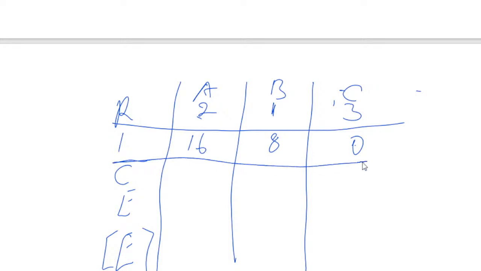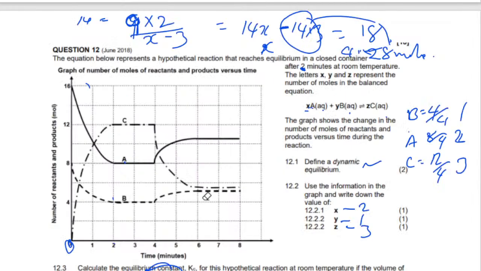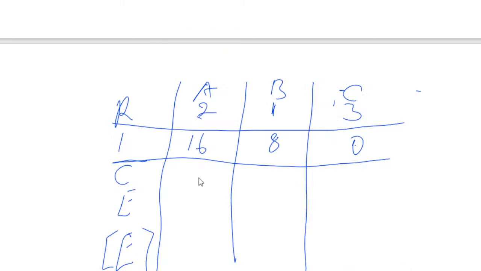Now, what is the balance? Go to the question. At equilibrium, A is 8, B is 4, and C is 12. You see, it's just flowing.